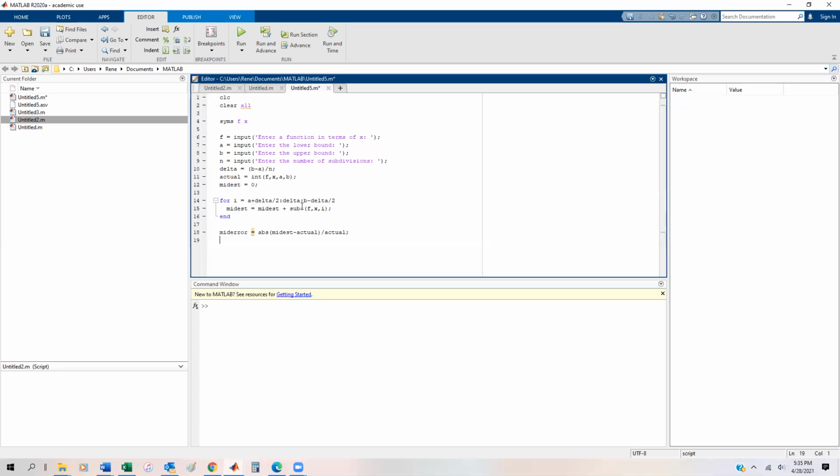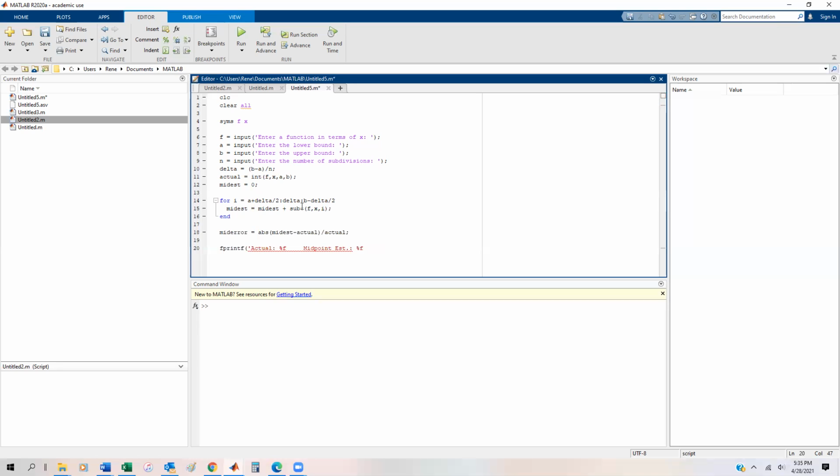And then it asks us to be able to print out. So we're going to do an fprintf. And we are going to print out the actual value. So that's going to be the %f. And then we're going to print out the midpoint estimate. And that's going to be another %f.